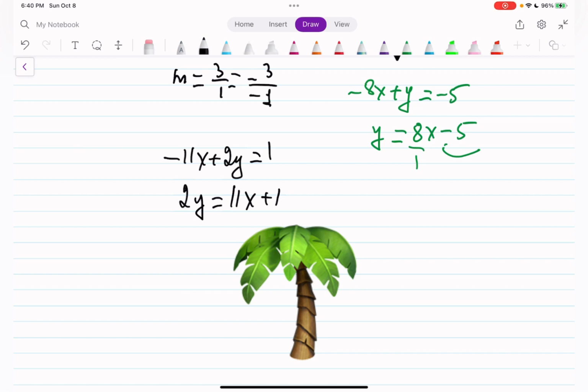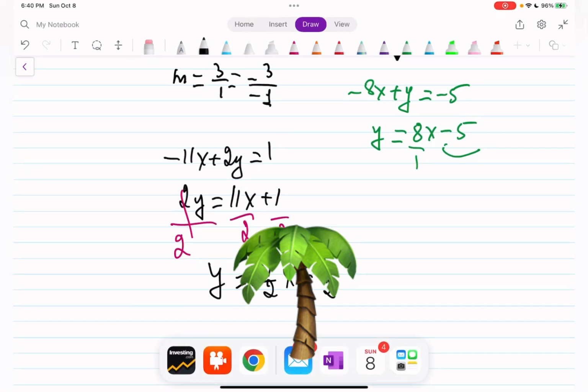Okay, so from here to get y, we divide by 2, and we are getting y is equal to 11 over 2x plus 1/2. So my intercept is 1/2 and slope is 11 over 2.